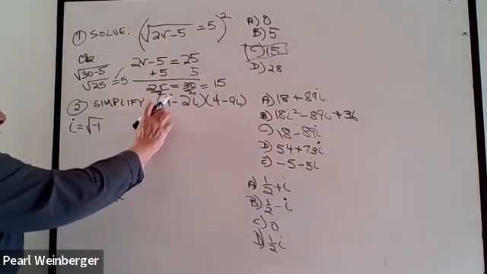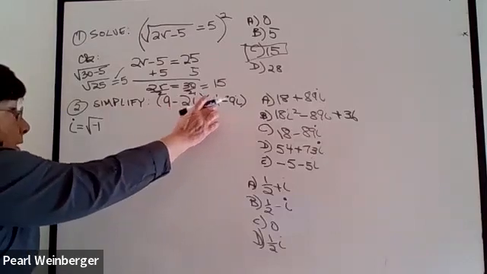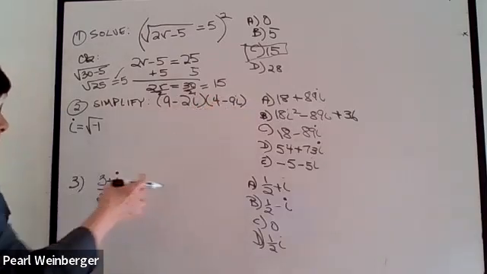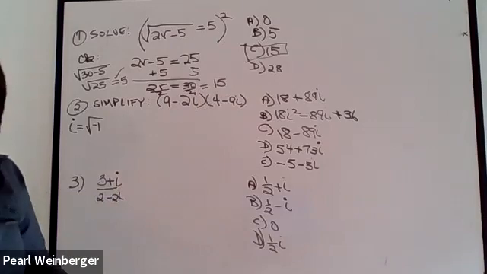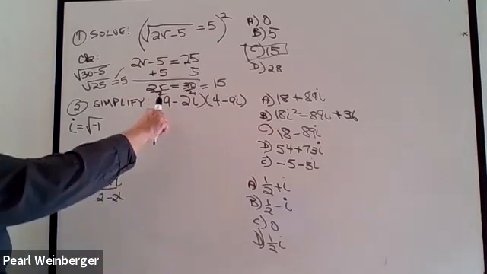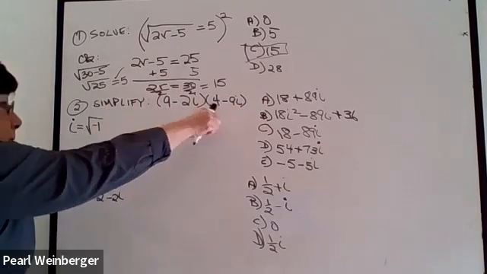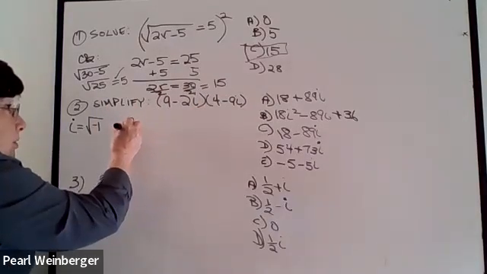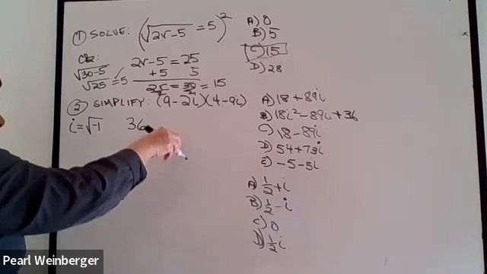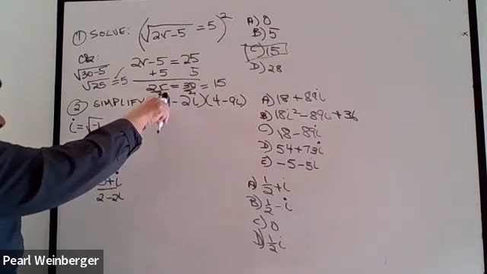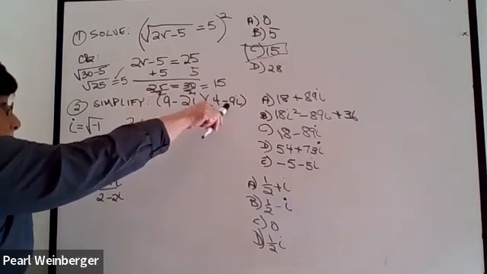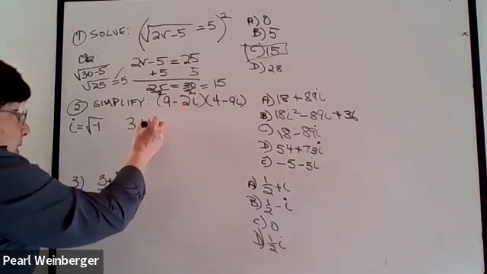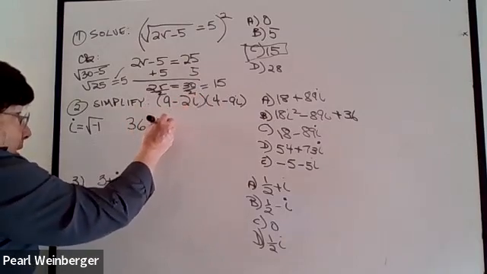In other words, if I want to multiply 9 minus 2i times 4 minus 9i, those are two binomials, so I have to use FOIL. So I'm going to do 9 times 4, and that's going to give me 36. Then I'm going to do outer, 9 times -9i, which is minus 81i.